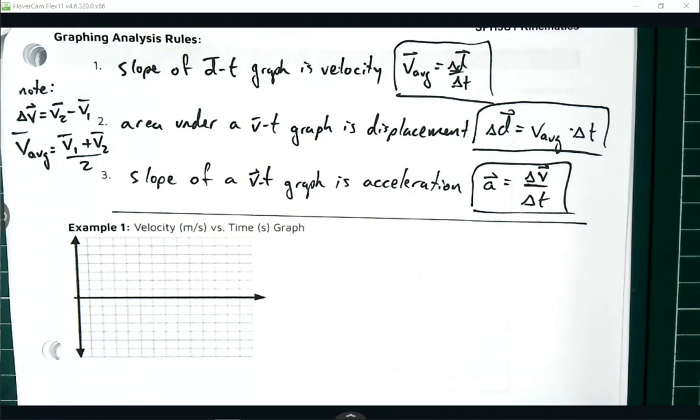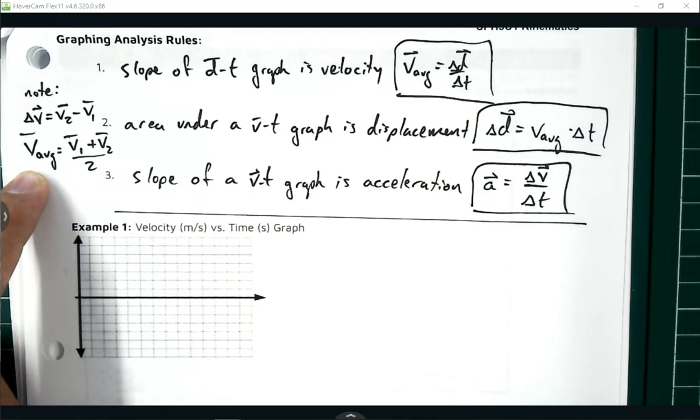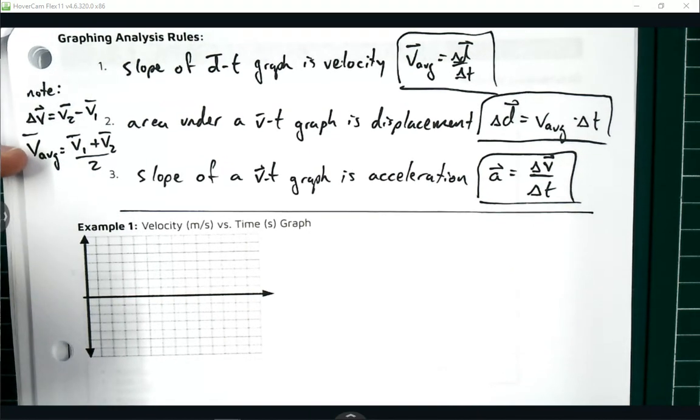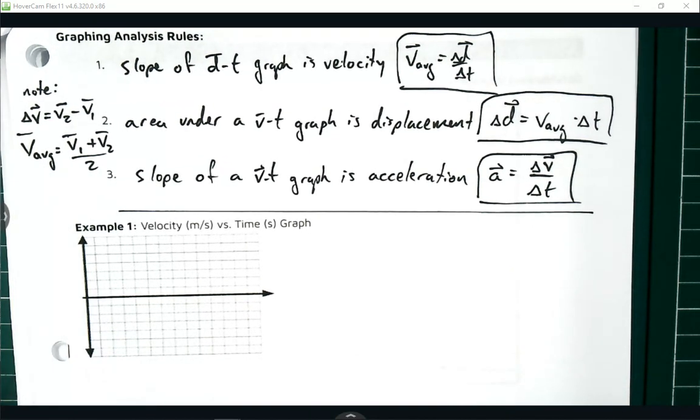So if you have a V average that you're trying to use, and you only know the first velocity and the last velocity, this is just a little trivia bit. Both of these are ones where you might not realize the information's buried. You'd have to think about it a little bit. This one's just a straight up binomial. This is a binomial divided by 2. That's stuff you need to write down in all your givens and keep track of.